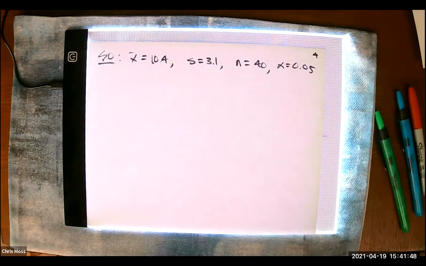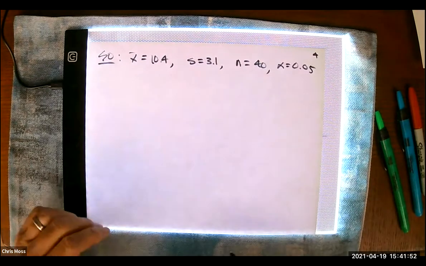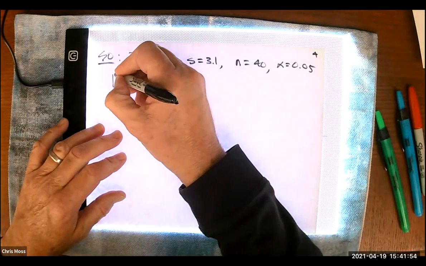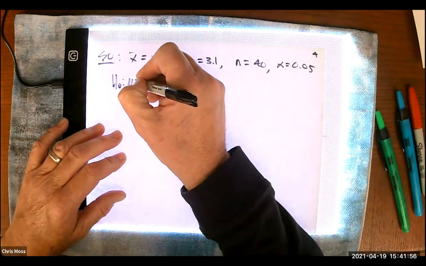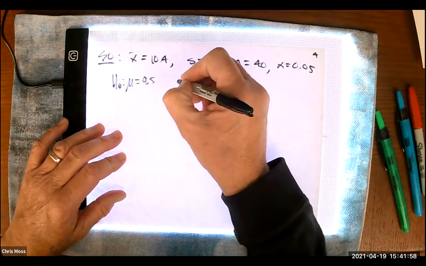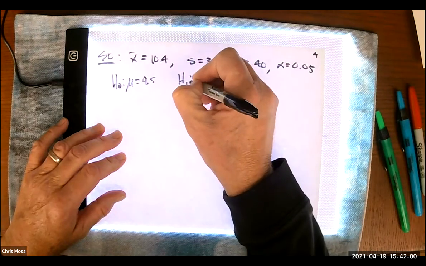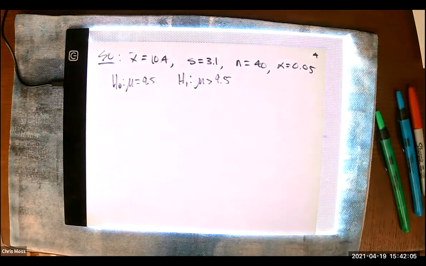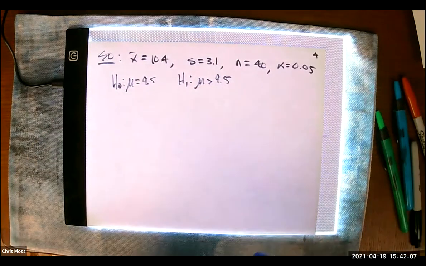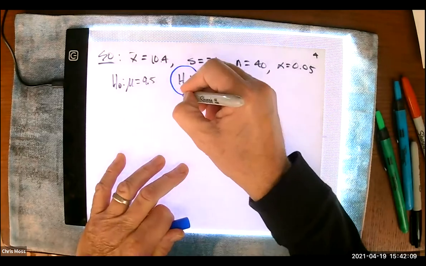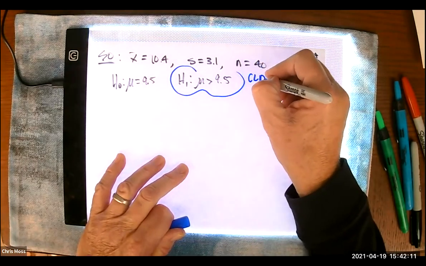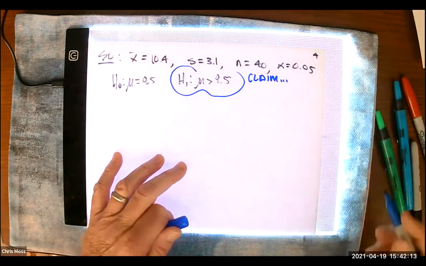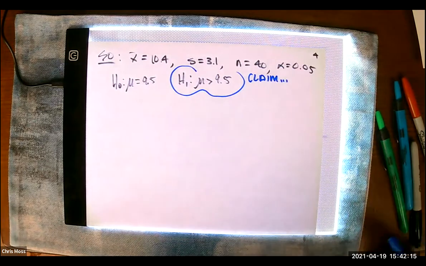I've got my data there, my alpha. The only thing I don't have is the claim. So the 5 steps: H naught, mu equals 9.5 units, and H1, mu is greater than 9.5 units. I'll remember that this is my initial claim. We'll address that at the very end of the process.